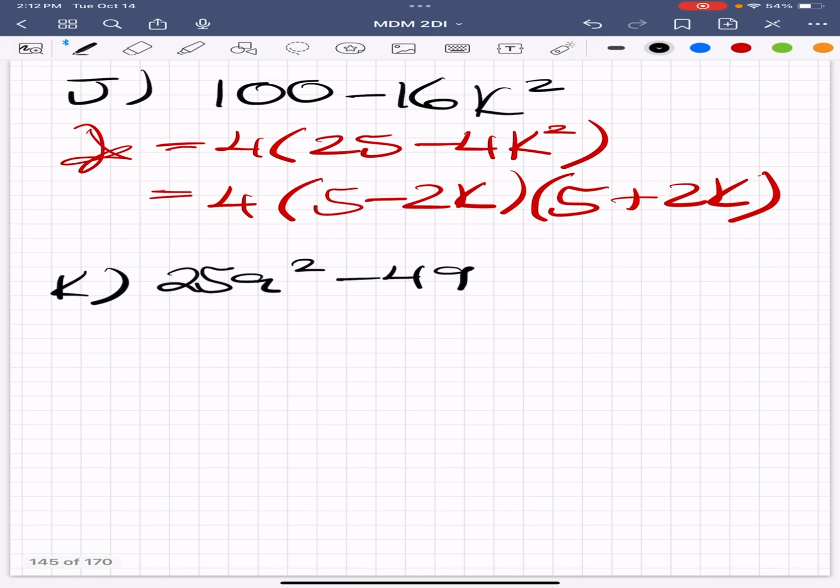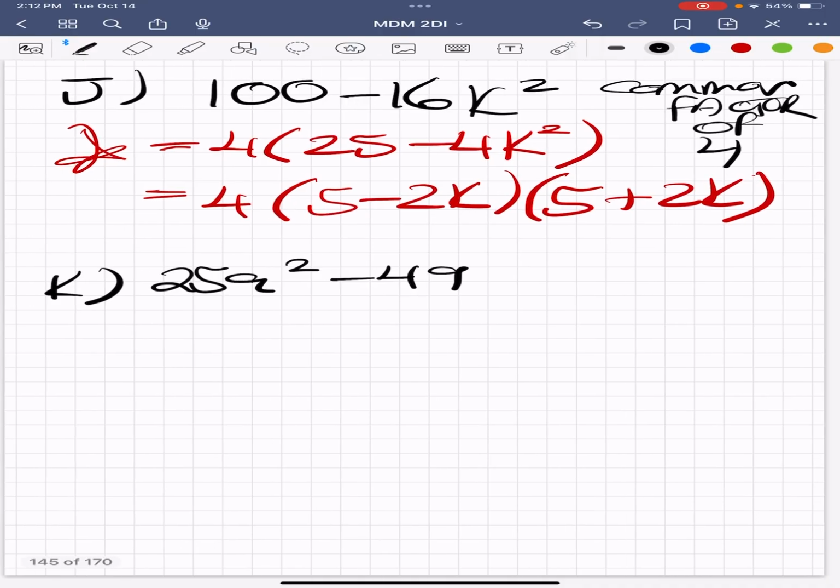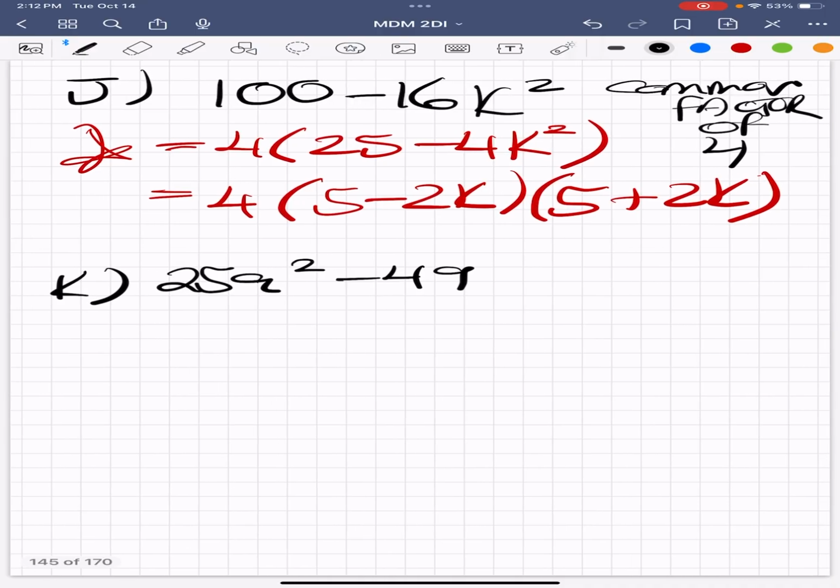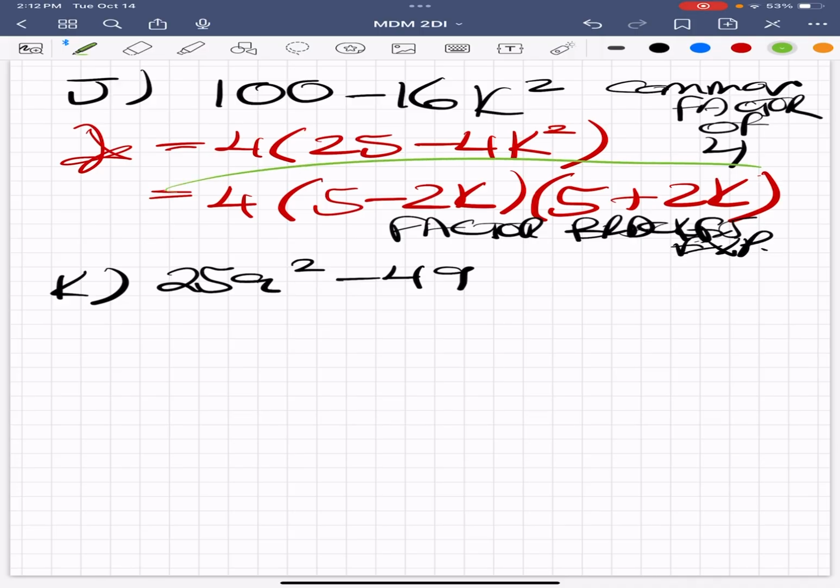So with this one, we realize that there is a common factor of 4, and then we factored the bracket expression. So this would be our answer.